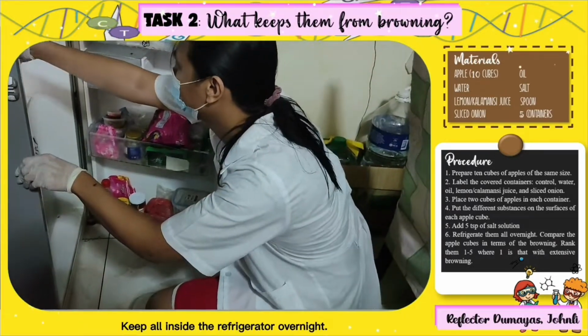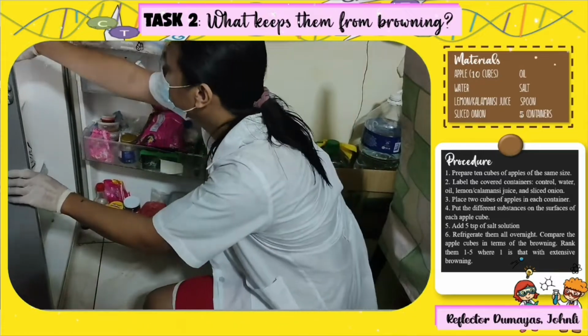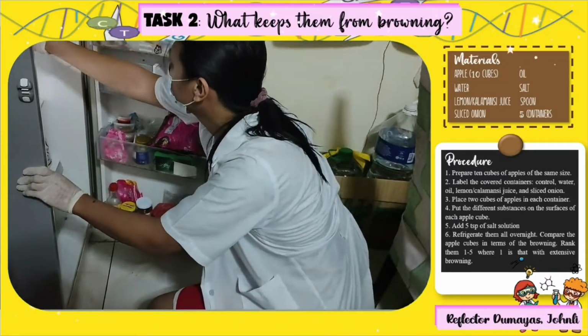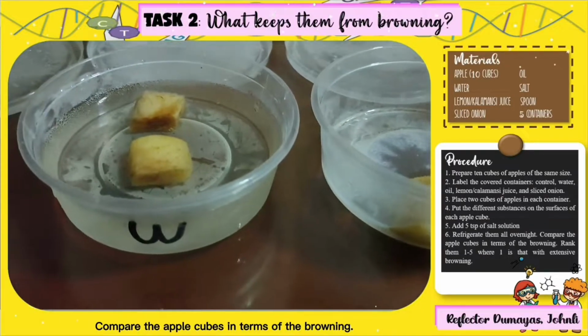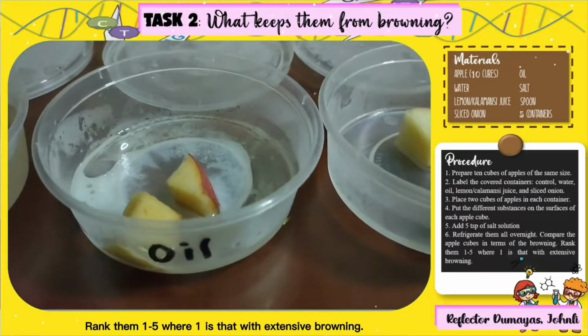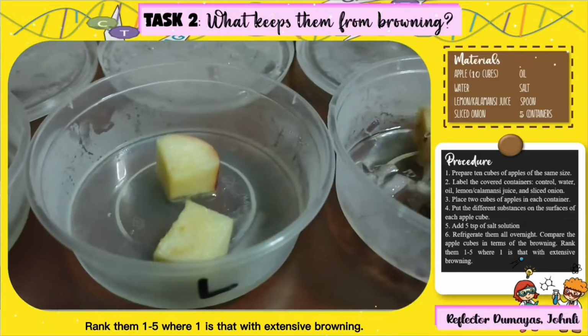Keep all inside the refrigerator overnight. Compare the apple cubes in terms of the browning. Rank them 1 to 5, where 1 is that with extensive browning.